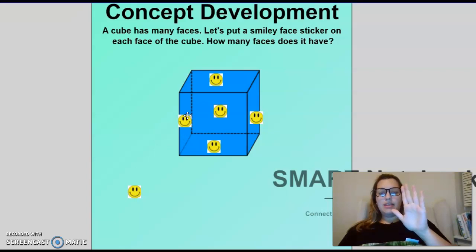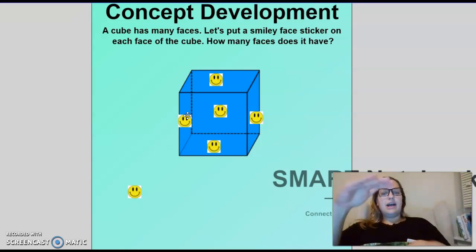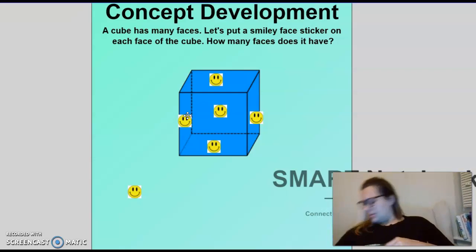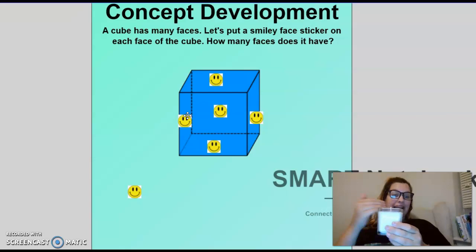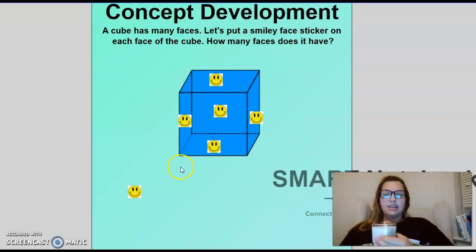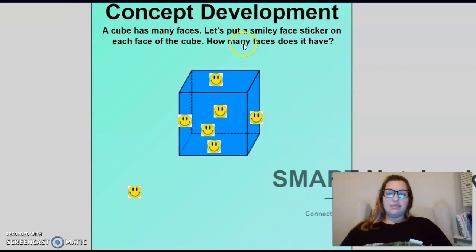And if we had one on the right and the left, the top and the bottom, the back, so I went over, under, beside, behind, and then I need to do in front of. Very good. Look at how many smiley faces we have. 1, 2, 3, 4, 5, 6. How many faces does a cube have? 6 faces. And there are 6 squares that make a cube, so there are 6 faces.